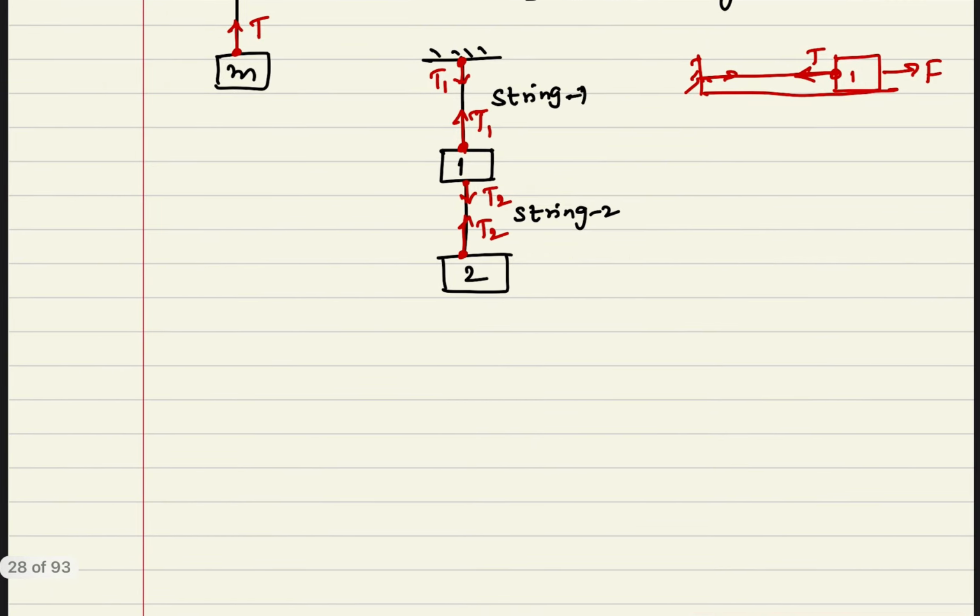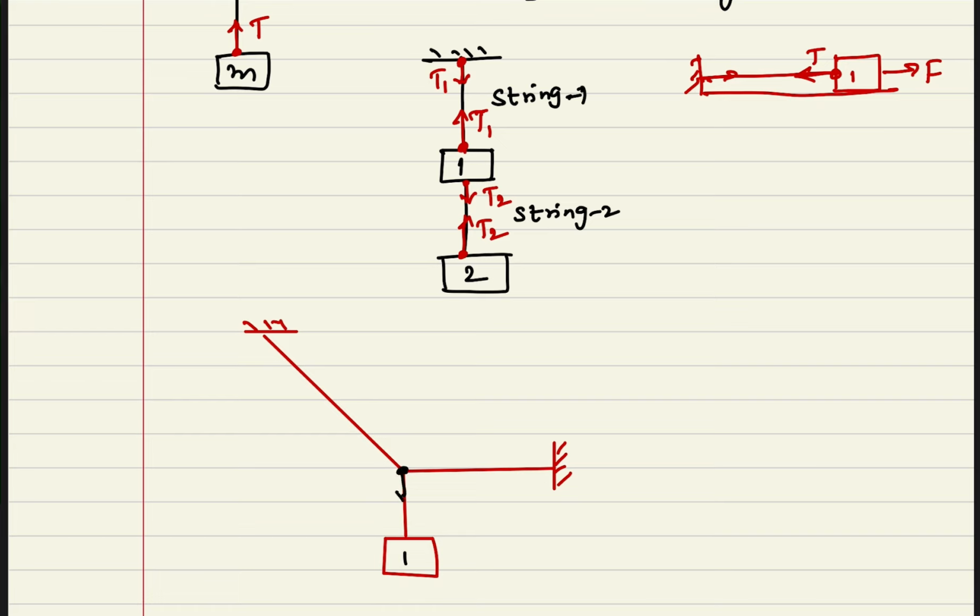If you want to get some other relations, let us consider a string like this. If I connect the bodies like this, we can see I have taken one body, and a point is connected here.